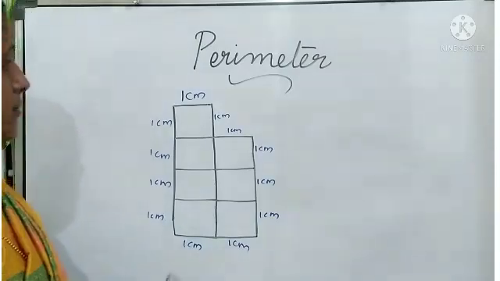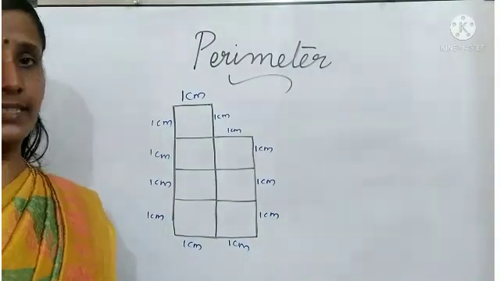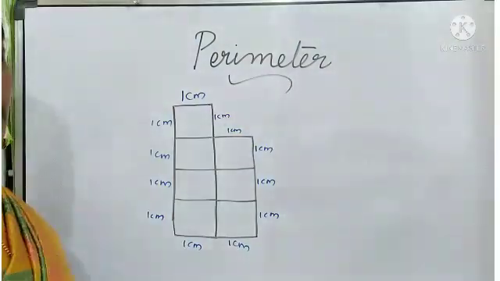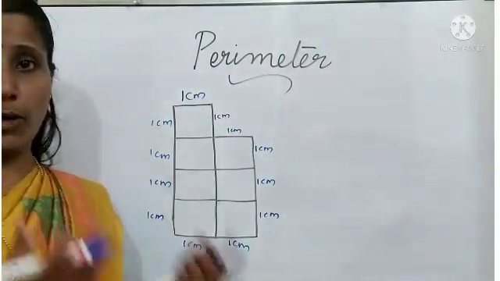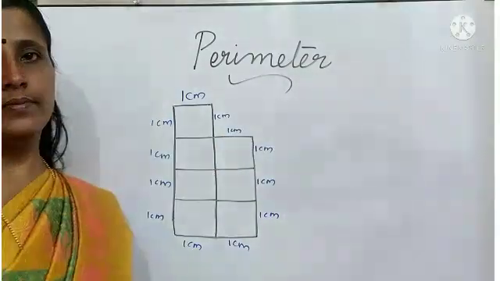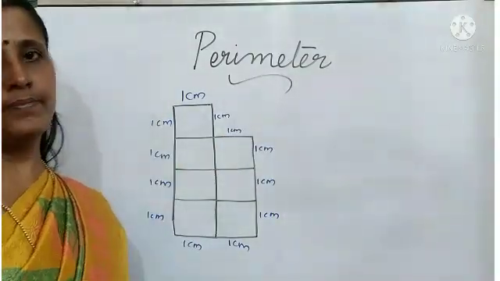So in this figure, the perimeter means we need to add these measurements. Perimeter means boundary. So we need to add the measurement of this.